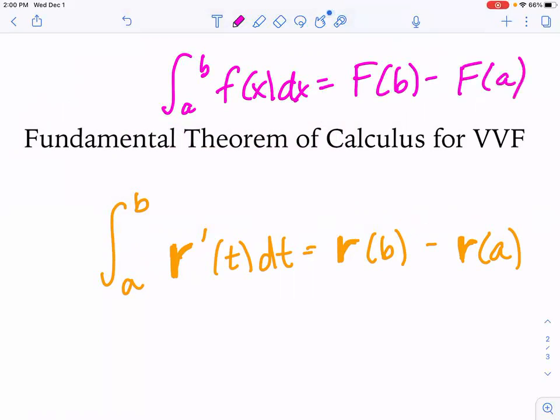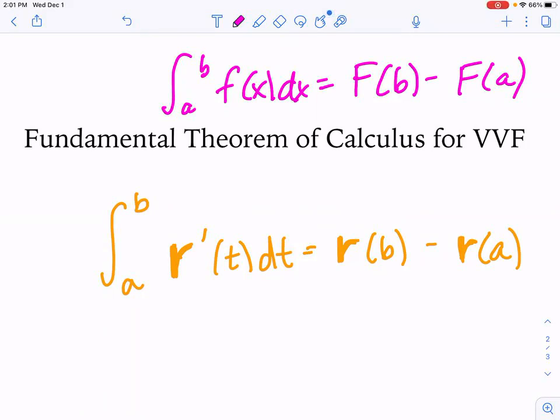So if we have a definite integral, we are taking the antiderivative at B minus the antiderivative of A. Okay, so it's still going to be the same thing for vector valued functions.